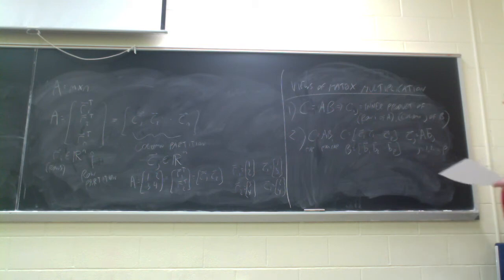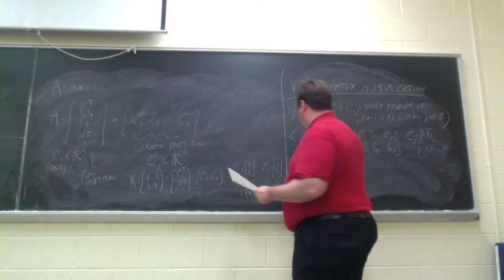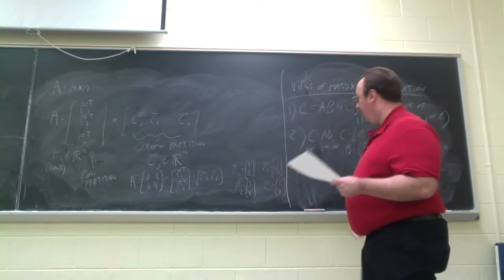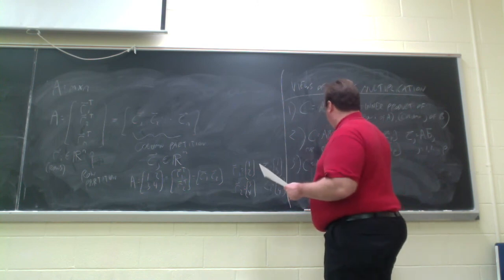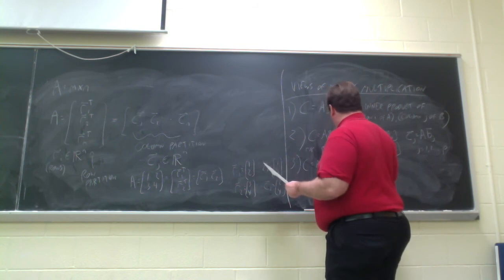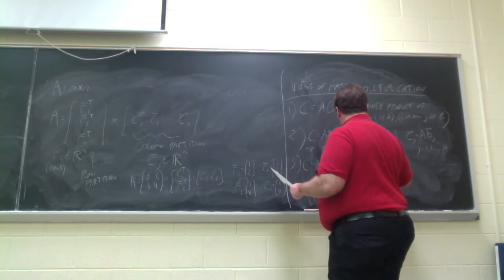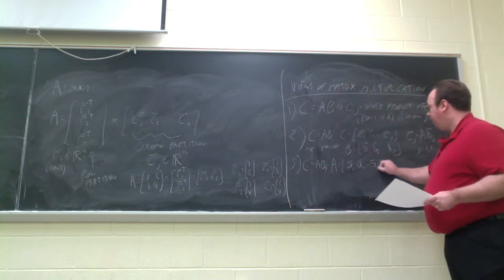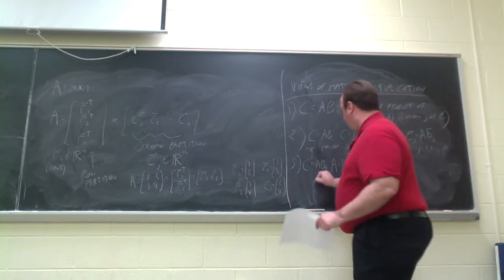And finally, another perspective in terms of outer products. So C is equal to AB again. Probably I should have written that up top. A has a column partition, A1, A2, up to An. And then B has a row partition.